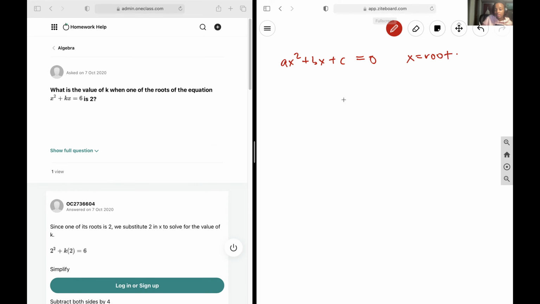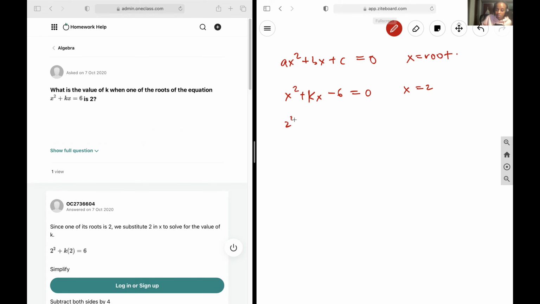So what this means is we can verify what k is by moving everything to one side. And then you're just going to put x is equal to 2, and this solution should hold.